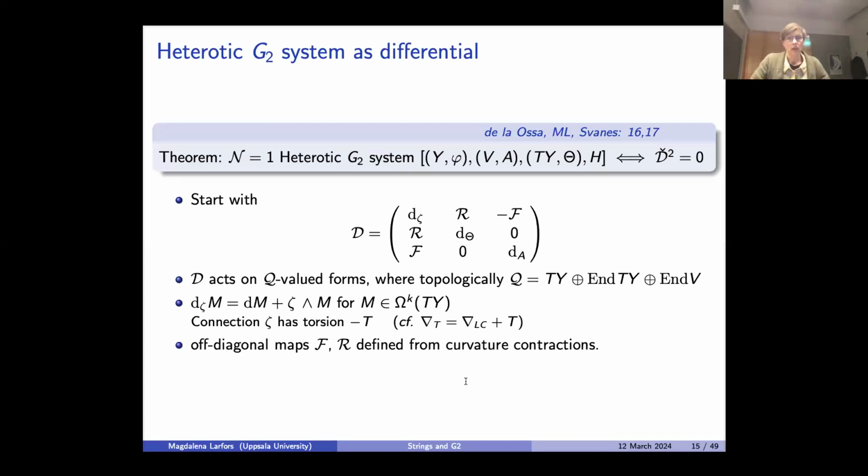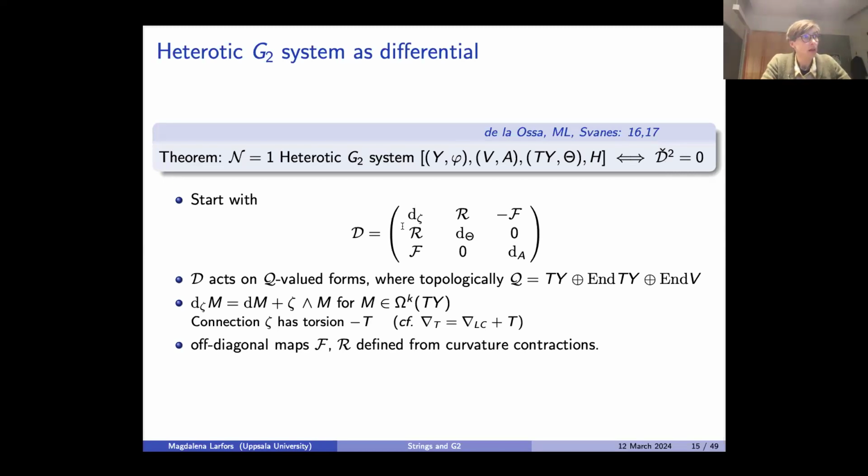This was what Sanya, Eric, and I worked out some time ago. One can show that the supersymmetric N equals 1 heterotic G2 system that I've just defined is equivalent to the nilpotency of a differential operator, which I will call curly D check.